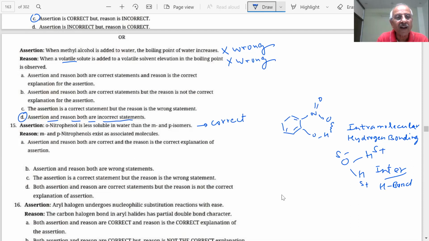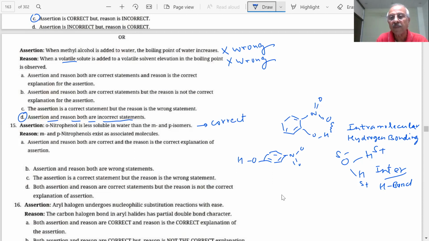Reason: meta and para nitrophenol exist as associated molecules. What is it saying? Associated molecules. That is also correct. Because if you have para, this is our para.